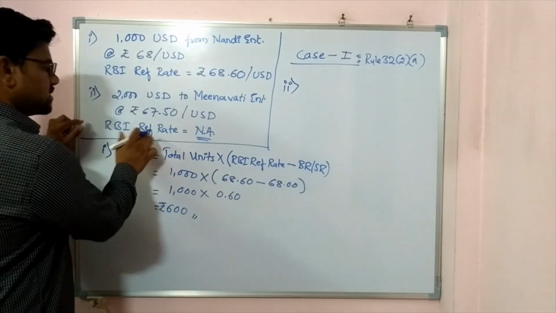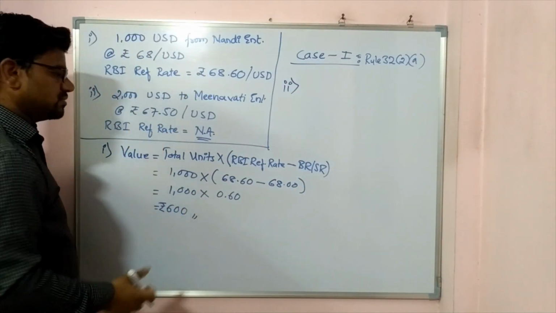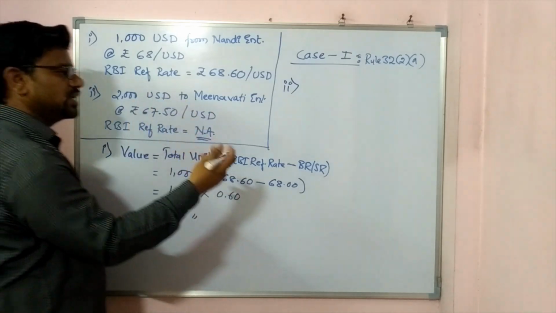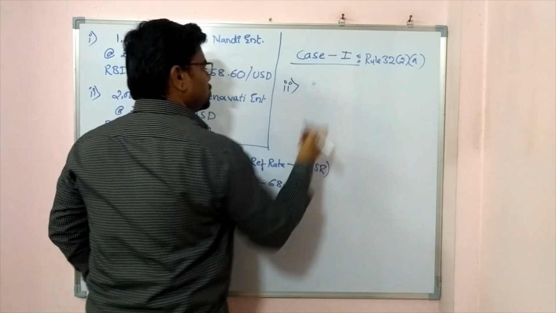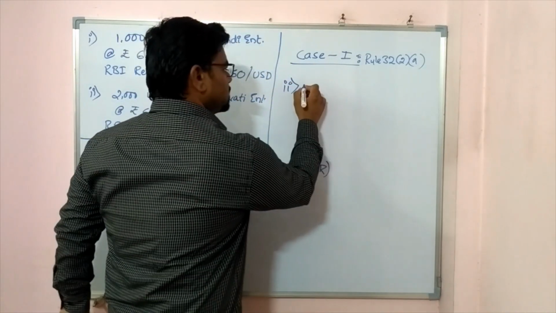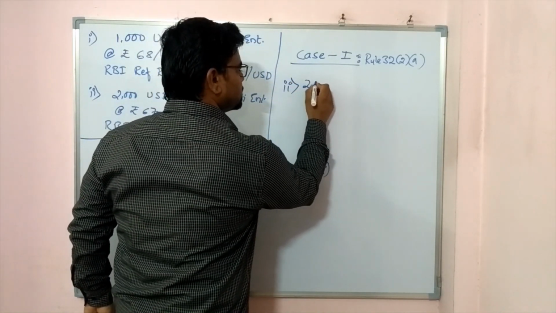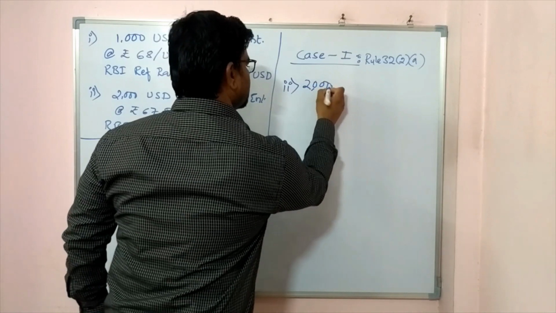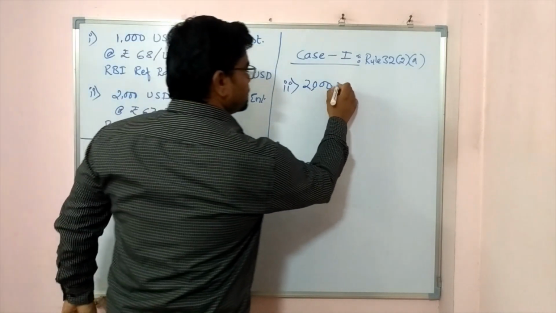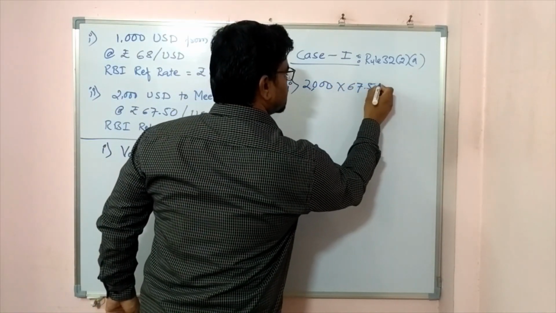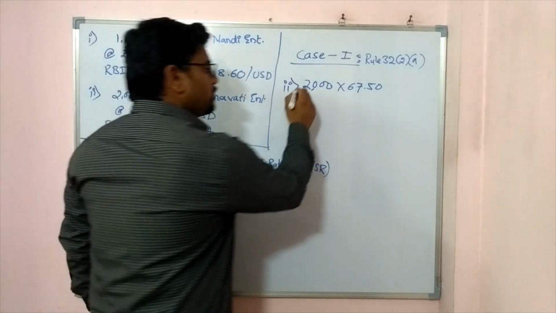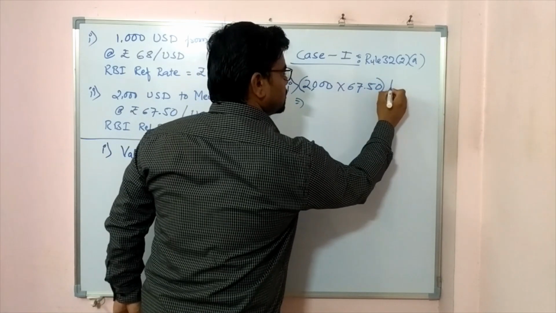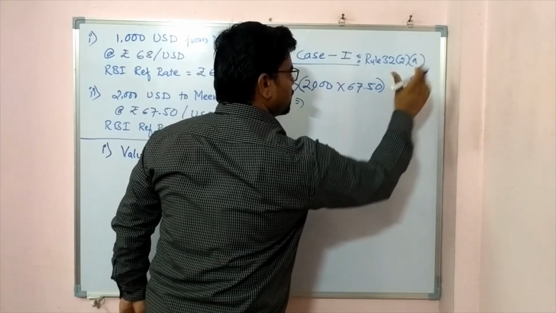Whenever RBI reference rate is not given, fine, whatever is available you just do that. So it is units, total gross units I will use, that is 2000 units into 67.50. Of this I am going to calculate multiplied by 1%.